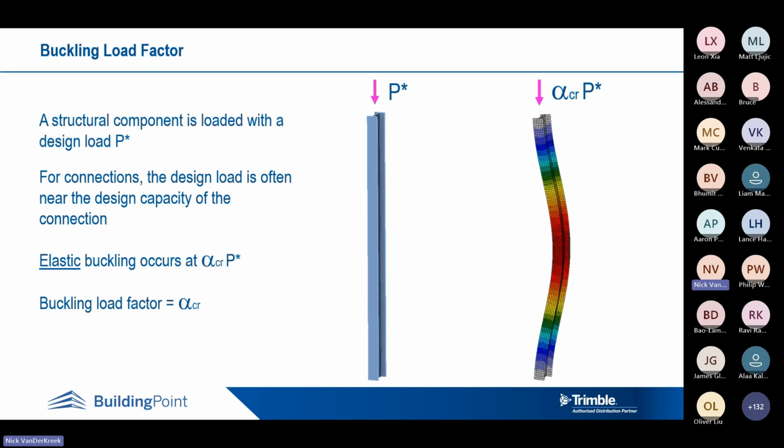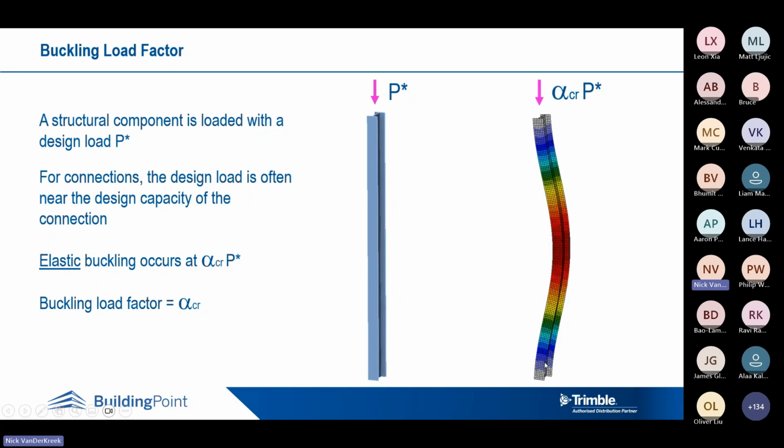So the component is loaded, and very often in working with Idiostatica, we're doing strength checks, and we are very close to the strength capability of the connection in some respect. It could be bolt failure, welds, plates, or whatever. So we're often talking about the strength limit state loading, and it's near to the design capacity of the connection according to some limit.